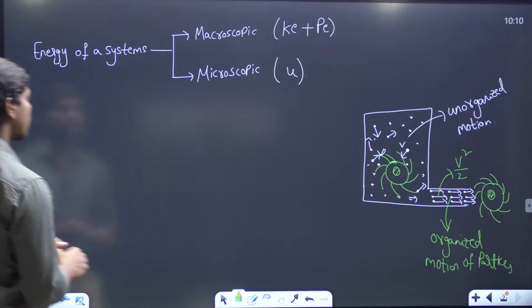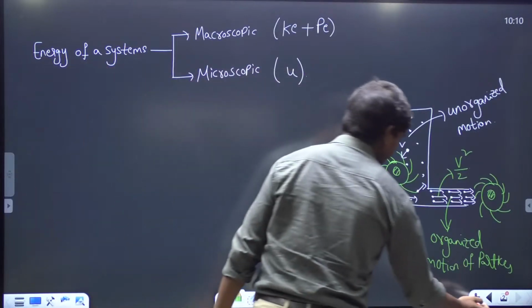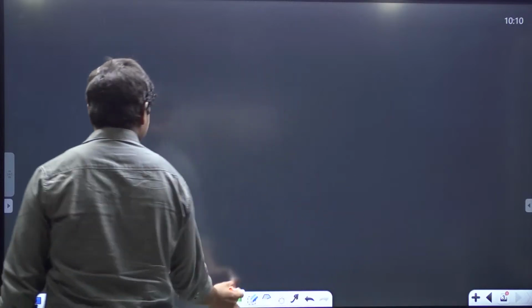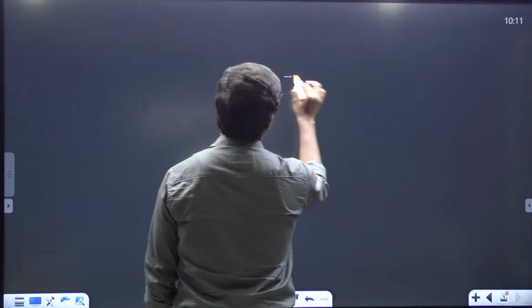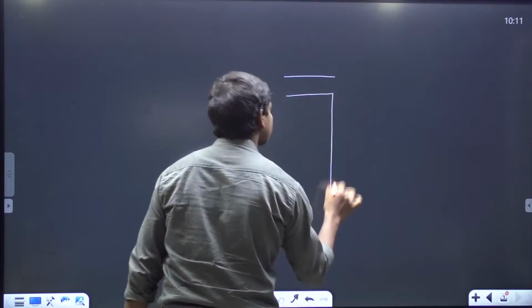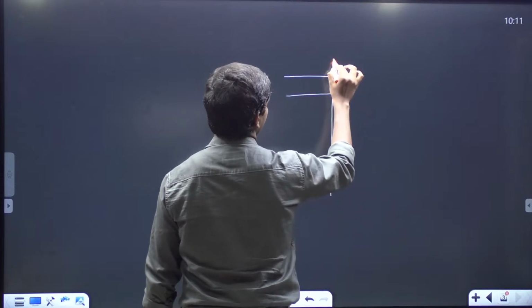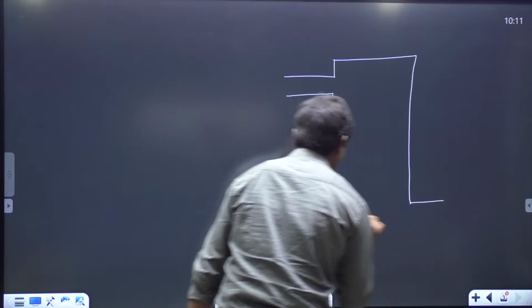So if you remember this, now let us go for an open system analysis. Now let me try to draw an open system here. Let us suppose there is some input for the system, and there is some outlet for the system as well.